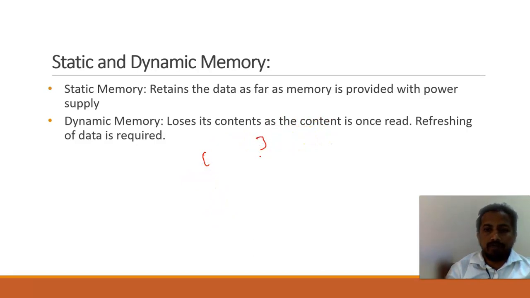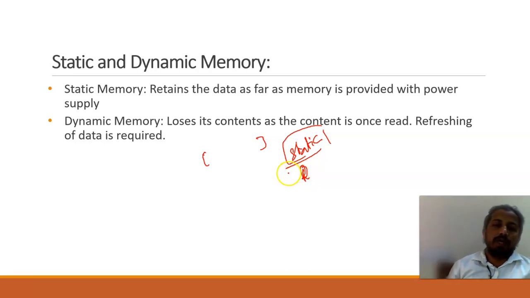It is saved. Okay. So you have heard about static RAMs and dynamic RAMs. In dynamic RAM, the data is erased and again refreshed with new data every time. Once you read the data, next moment it will remove the data from the dynamic RAM.